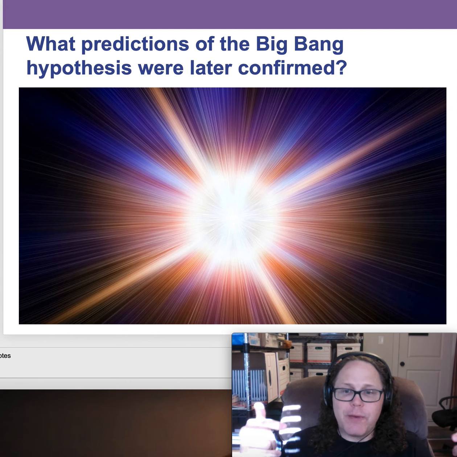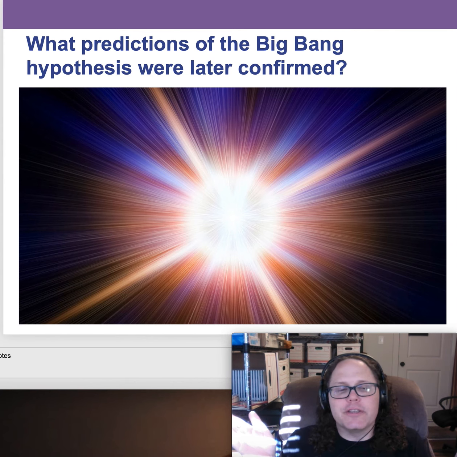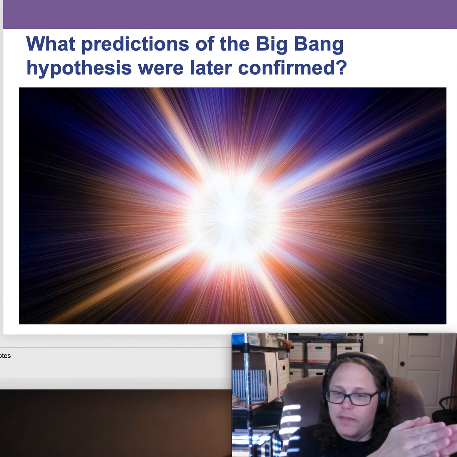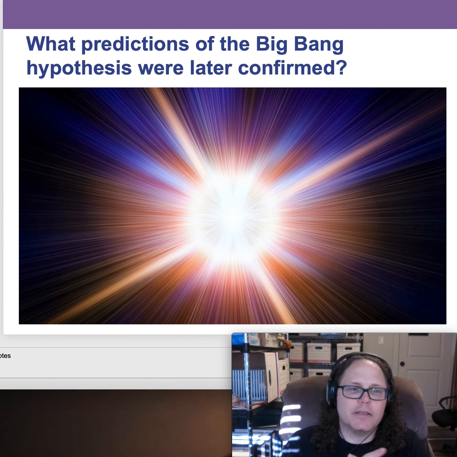And in that new space, new matter is being created. So how do we tell the difference? How can we test between the Big Bang hypothesis, which we now call the Big Bang Theory, and the steady state hypothesis? And the way we do that is by looking for predictions that can be tested.